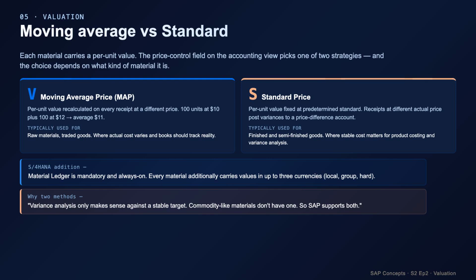Standard price. The value is fixed. Receipts at a different actual price post variances to a price difference account. Used for finished and semi-finished goods, where stable cost matters for product costing.